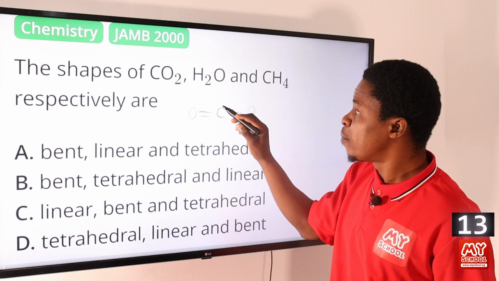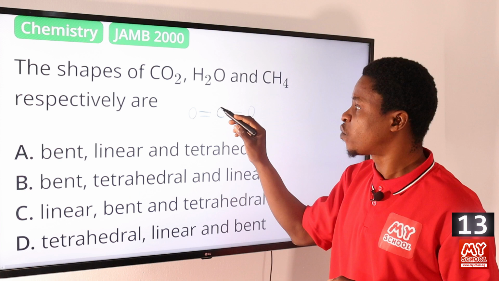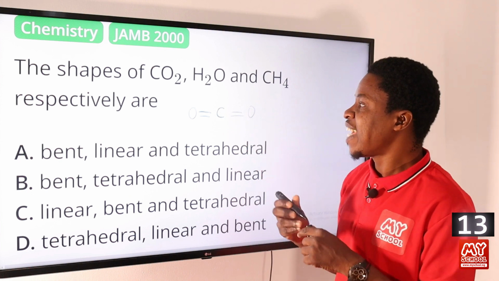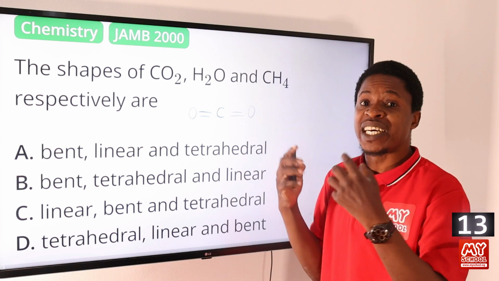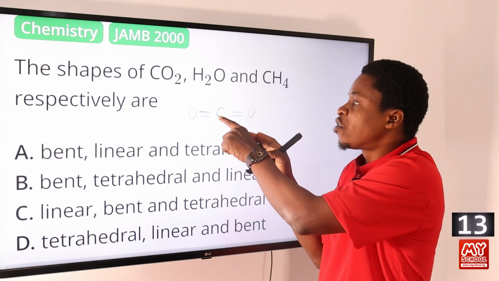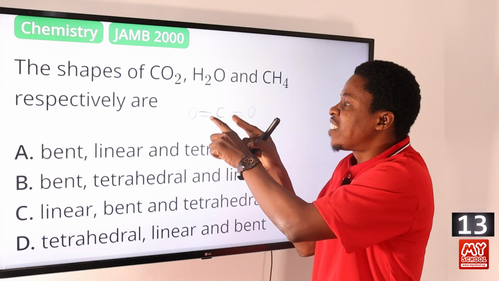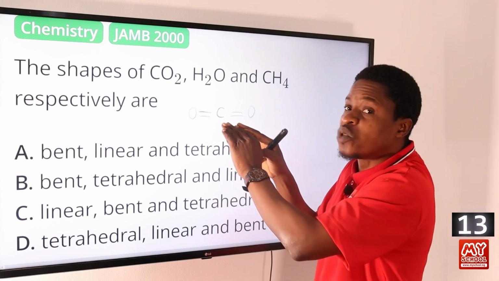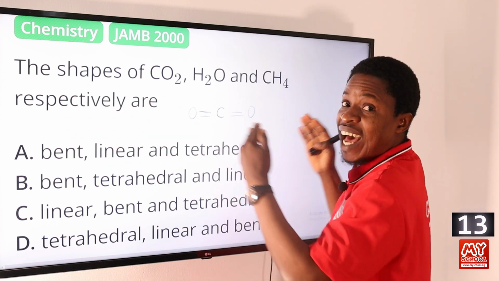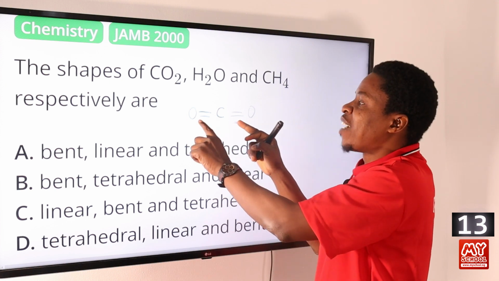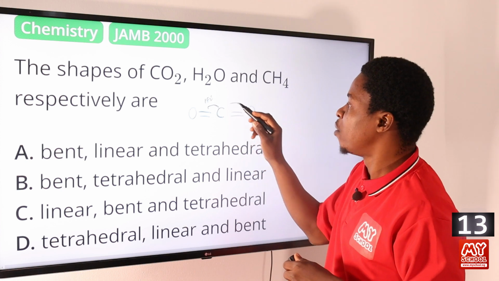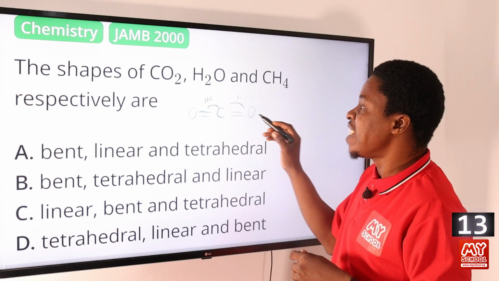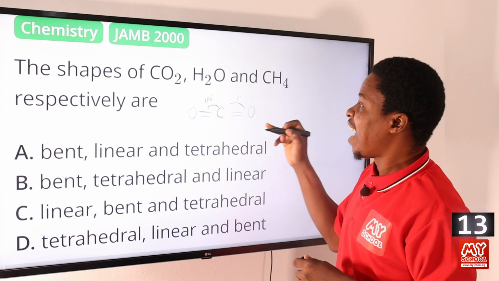Now, the bonded electrons here are the same, so they begin to repel. There's a repulsion, and this repulsion makes these oxygen atoms separate far apart from this carbon atom. They form an angle of 180 degrees, so there is a linear shape.